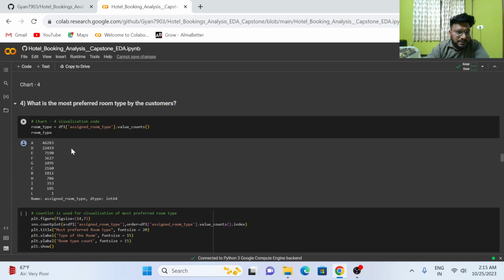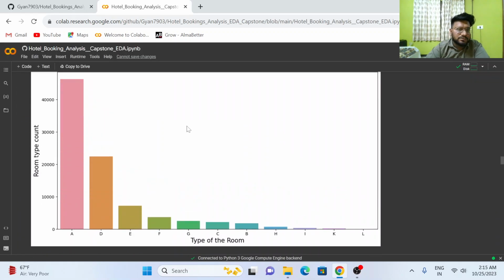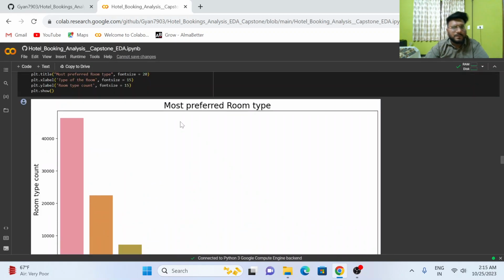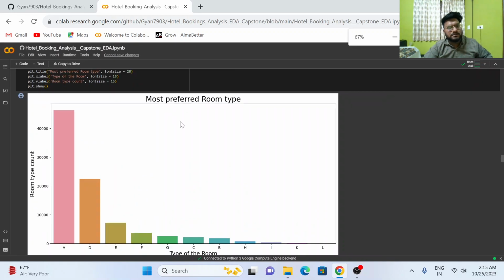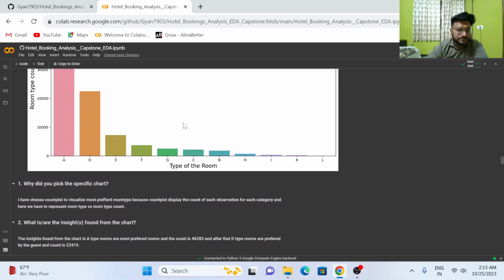The room type D, which was the next highest, has less than half of the bookings of A. So room type A had the highest booking, as we can see in the chart also.